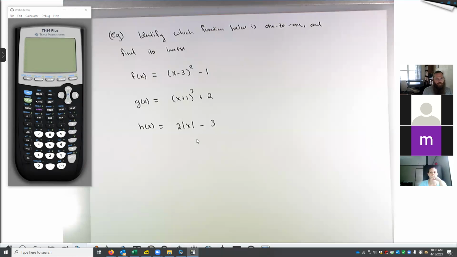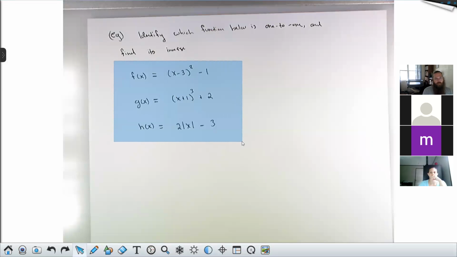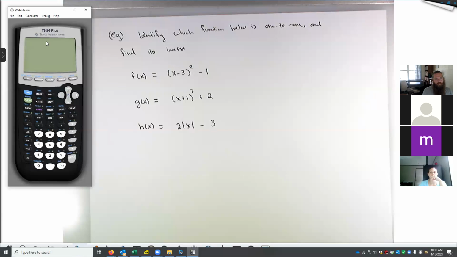So first, to figure out which one of these is 1-to-1, I'm going to graph them one at a time and see which ones pass the horizontal line test. I'm going to change my window settings. Okay, they're normal. So I'm going to graph the function f of x. That's parentheses x minus 3 close parentheses squared, minus 1.